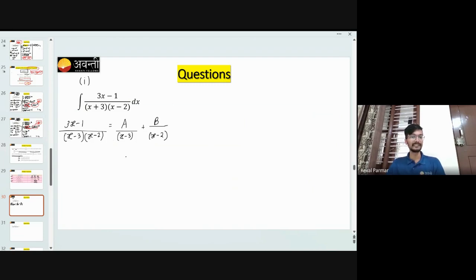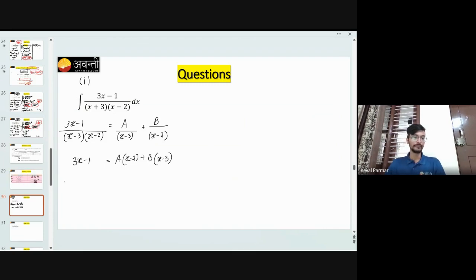Now on the RHS, if we take LCM, I will get A into x minus 2 plus B into x minus 3. And whatever is in the denominator will get cancelled because the denominator is the same on the left hand side. So that means I get an equation 3x minus 1 as this.